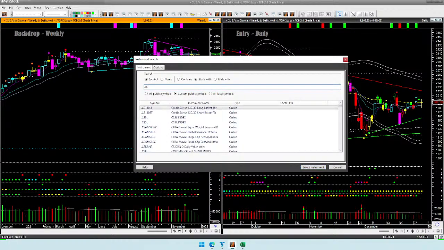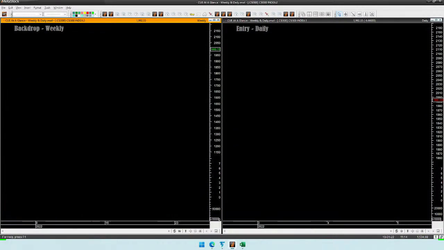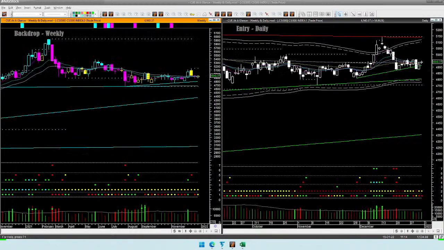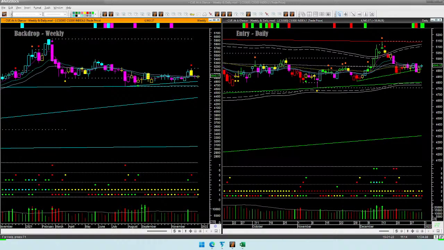Next, China CSI 300. This may be getting ready to give a long trade setup, and this is also an example of how Q traders like me patiently wait for the right time to buy.